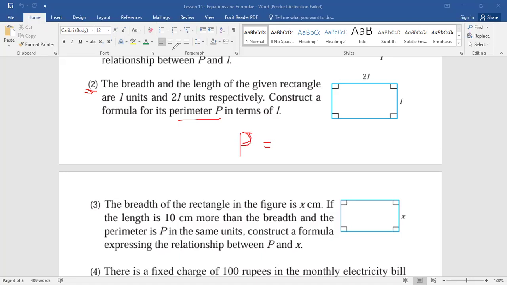Irusha, you can simplify it furthermore, because these are like terms, apple, same thing. So your answer is correct, but it is half.